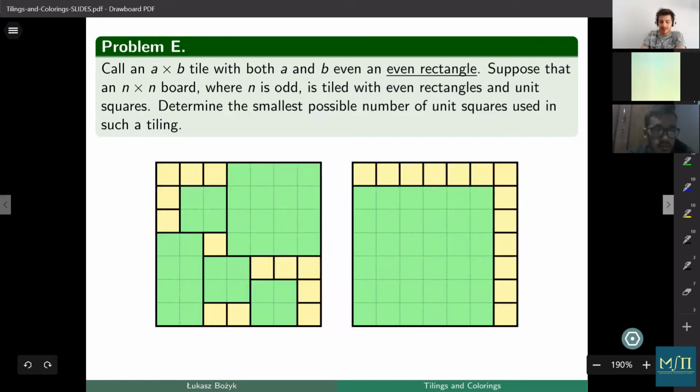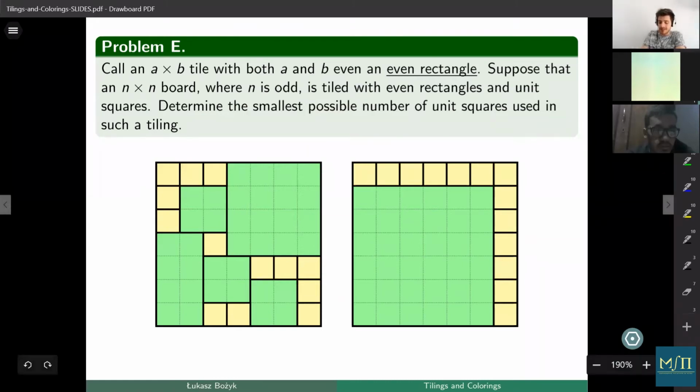But let us first remark that it's always possible to place a large even square in a corner of our odd square, right, and fill the remaining L-shaped figure with unit squares.